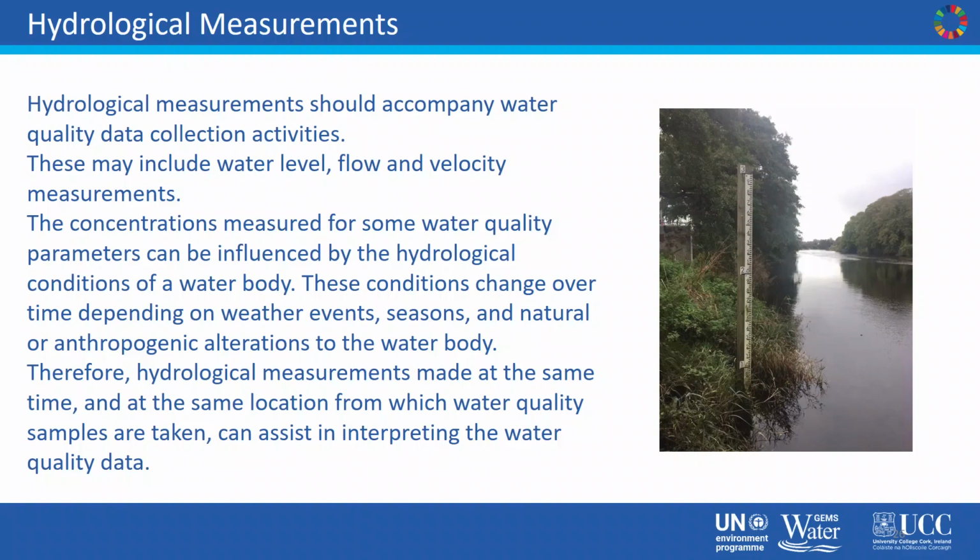Conditions can change over time depending on the weather, the season, or natural or anthropogenic alterations to the water body. Therefore, hydrological measurements made at the same time and at the same location when the water quality sample is taken can help assist in interpreting data at a later time.